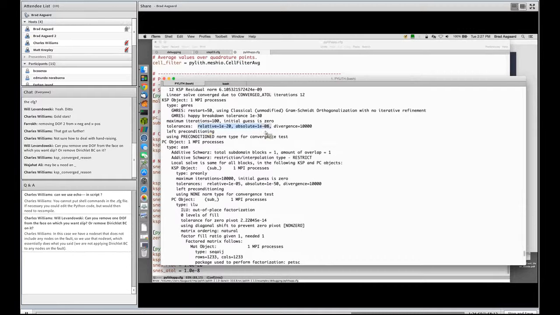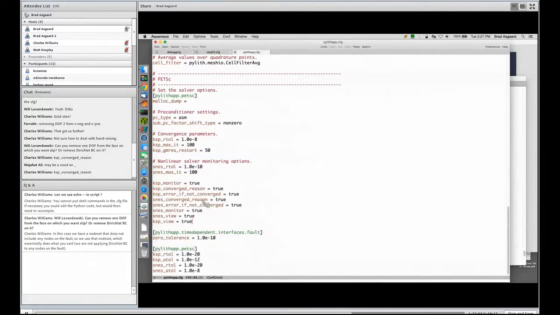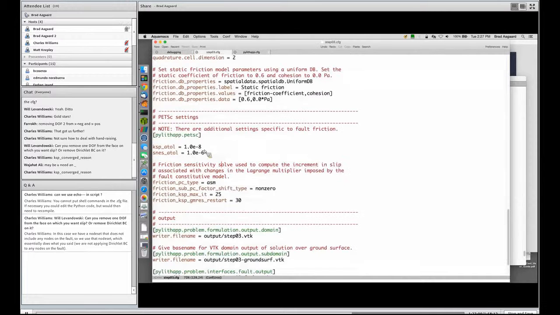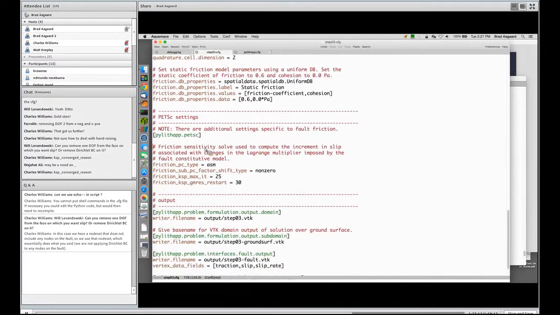Absolute 10 to the minus 8 when I said I wanted 10 to the minus 12. So that was coming from here. So I would have seen those.